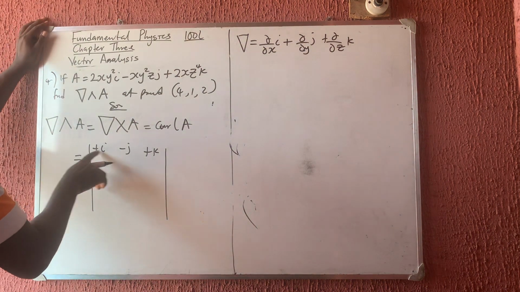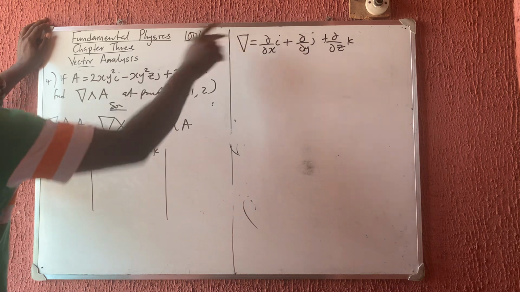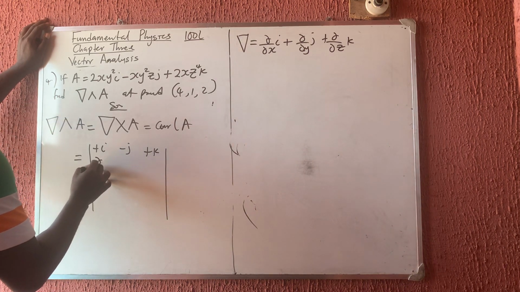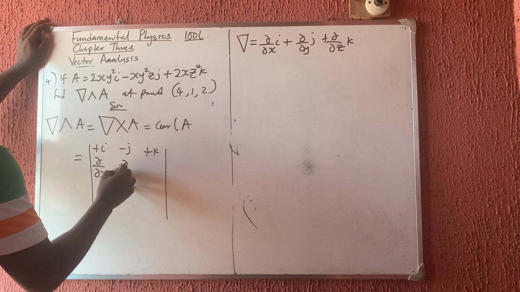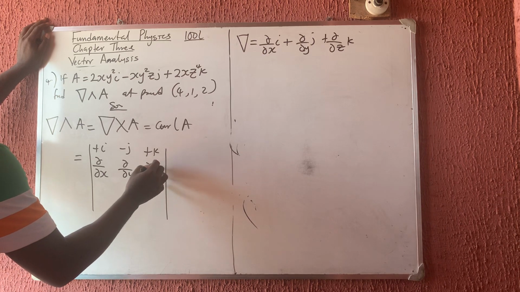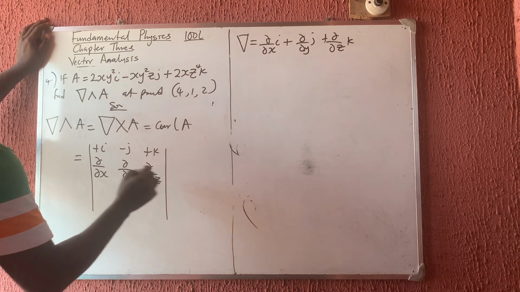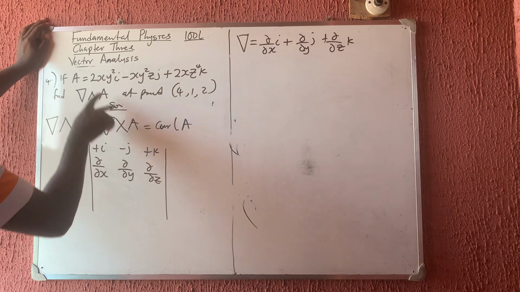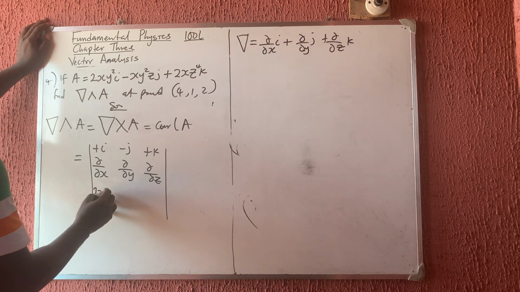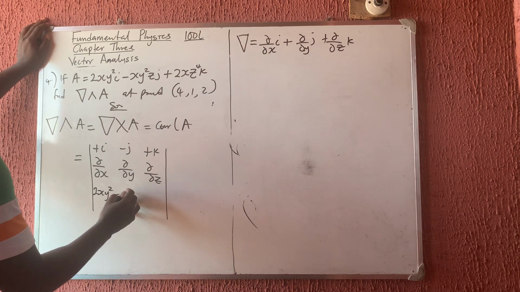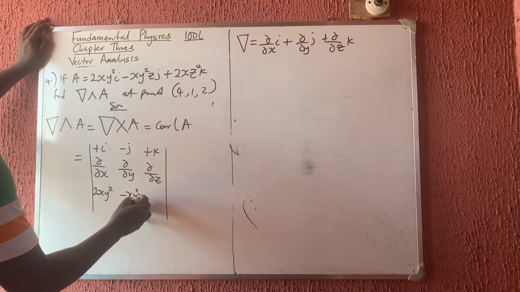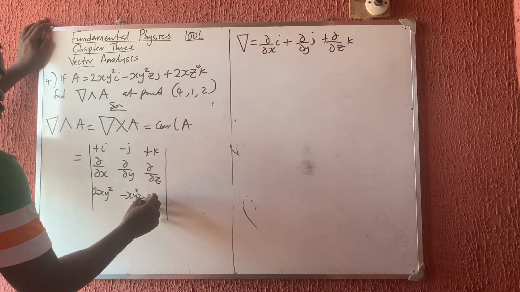That is partial x, partial y, partial z. All right. Now let me put in my A. My A gave me 2xy squared, minus xy squared z, and finally 2xz raised to power 4.